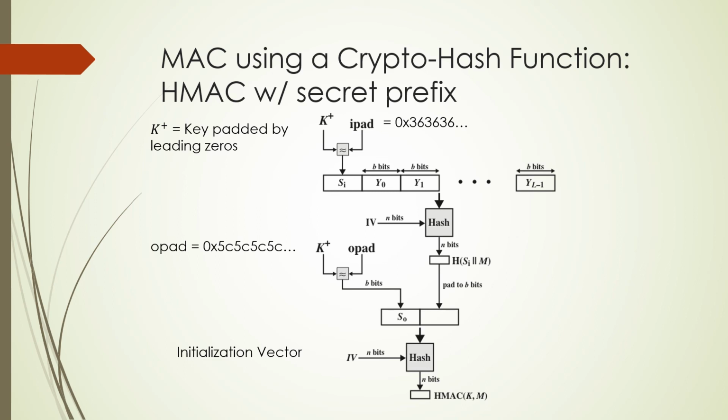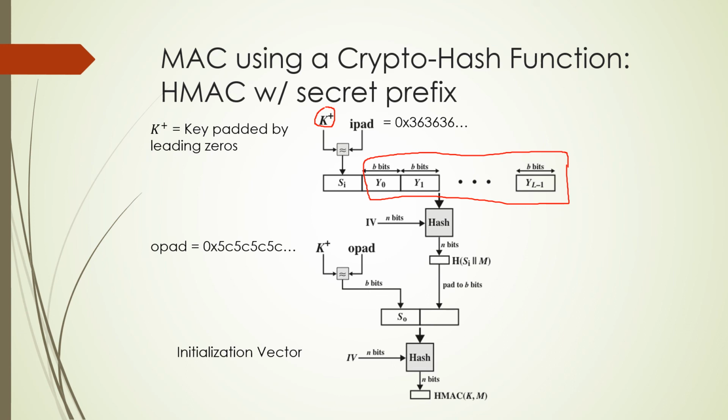Let's say your message is a very long message. Then what you need to do is first break your message into smaller chunks, each one with B bits length. And then you have the key K, which can be much shorter than the B bit packets that you had in your message.